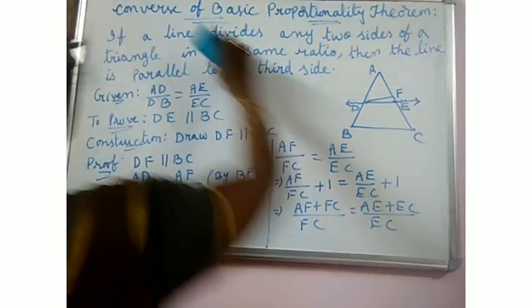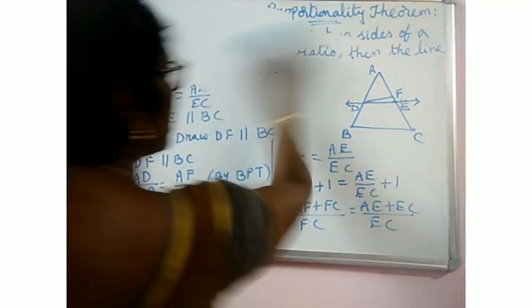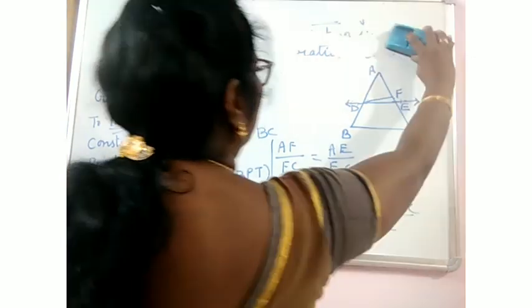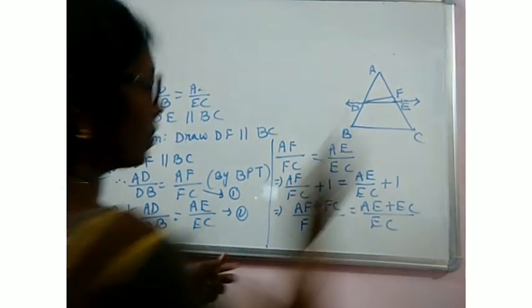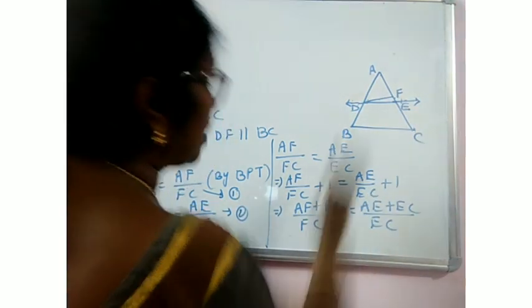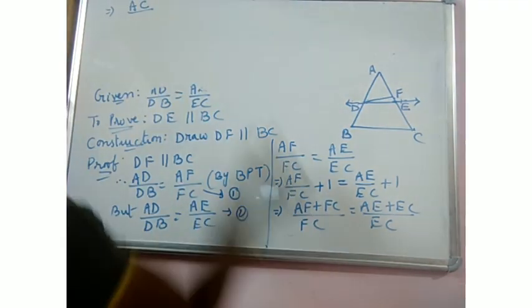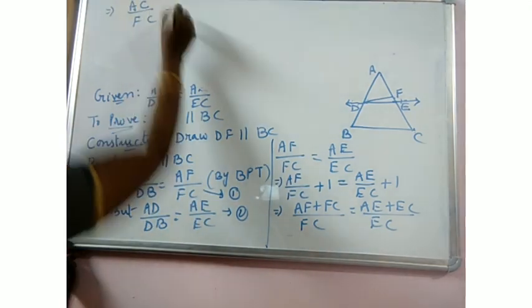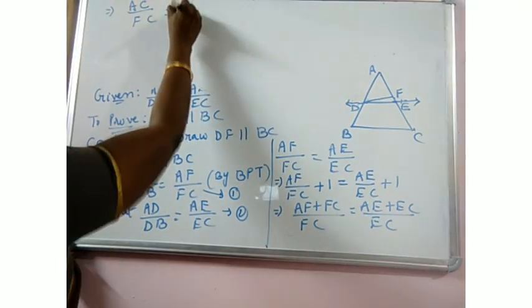Now, AF plus FC means AC. That means AC by FC is equal to AE plus EC, which is again AC, by EC.